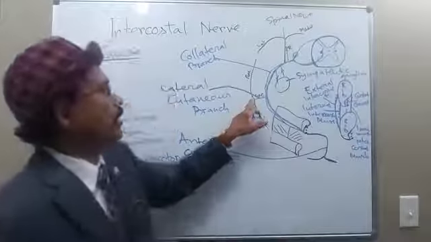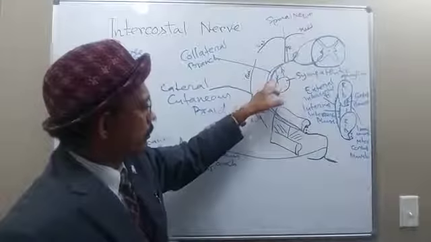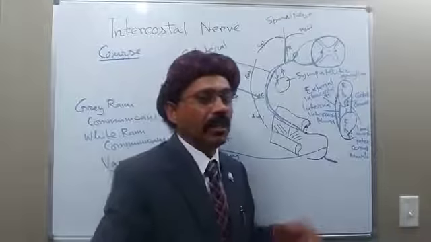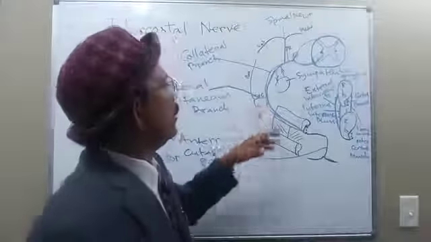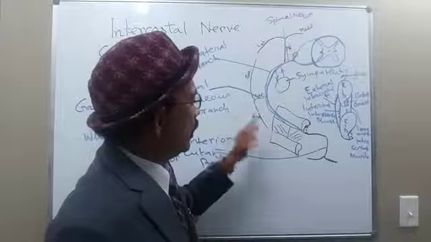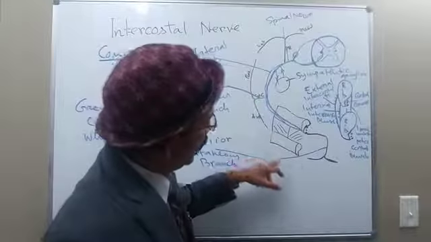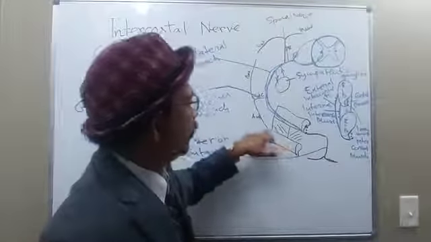Lateral cutaneous nerve. It is coming out of the intercostal nerve at the level of the mid axillary line, and it will innervate the lateral chest wall. There is free communication between the anterior branch of the lateral cutaneous nerve and the posterior branch of the anterior cutaneous nerve.